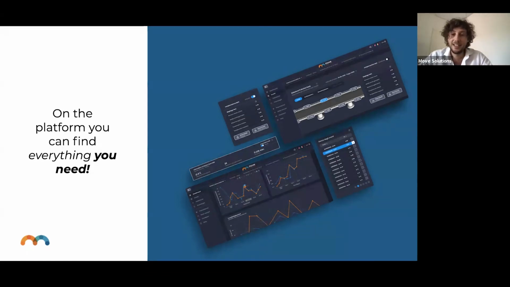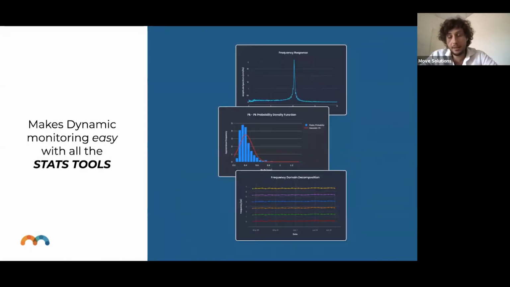On the platform, there are statistical tools that help you to analyze dynamic monitoring or static monitoring. Most of the statistical tools are used for dynamic monitoring. We have, for example, FFT, which is not really a statistical tool. I wouldn't call it statistical, it's more deterministic. But we call it a statistical tool because it's in the part of the suite where you analyze everything.